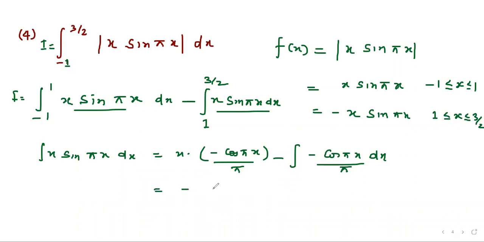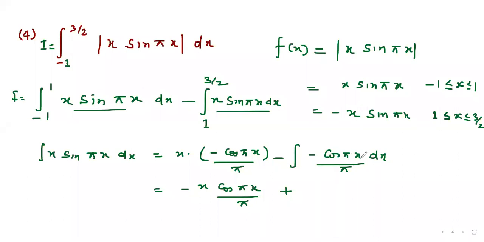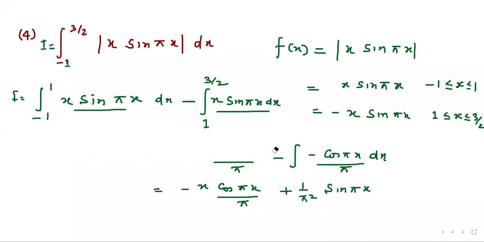So finally we will get minus x cos pi x upon pi plus, here, integration of cos pi x will give sine pi x upon pi. So it will become 1 upon pi square sine pi x. So we can put the limits for both the integrals. So I'm deleting this portion and we will write it.